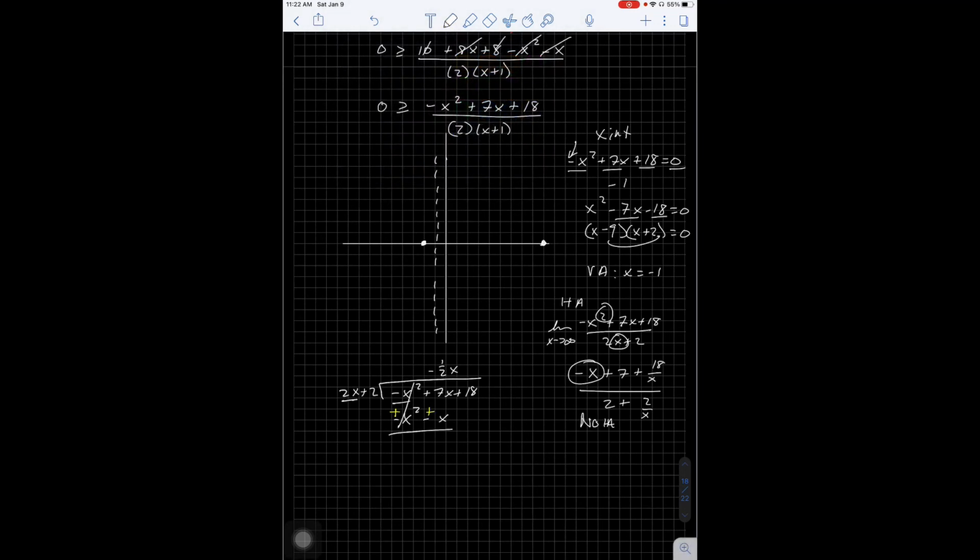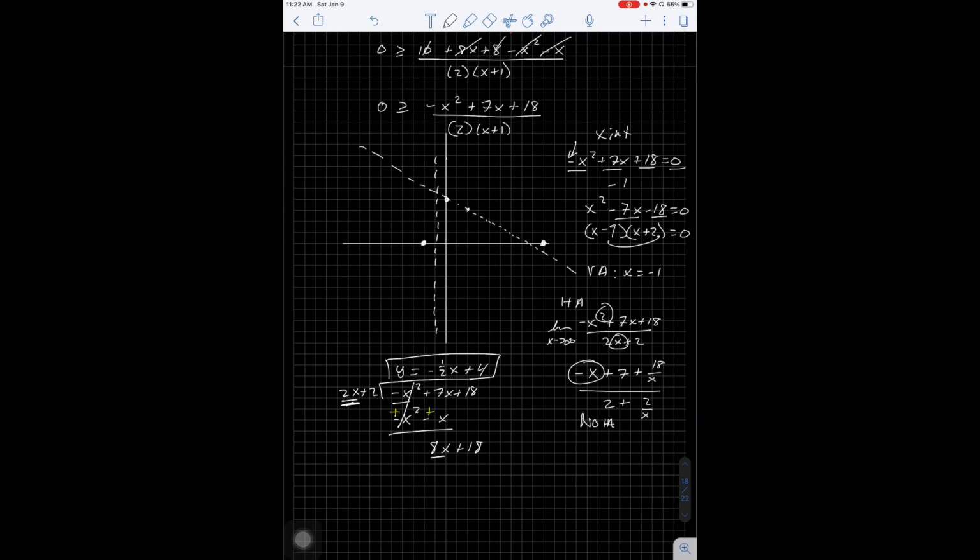So these cancel, and I get an 8x plus 18. And then the last thing is, what do I multiply 2x by to get 8x? The answer is 4. So this is going to be my slant asymptote, with a slope of negative 1/2 and an intercept of 4. So we go kind of like this.